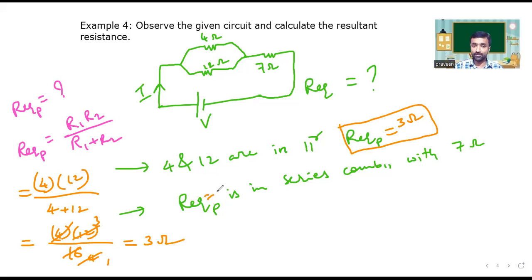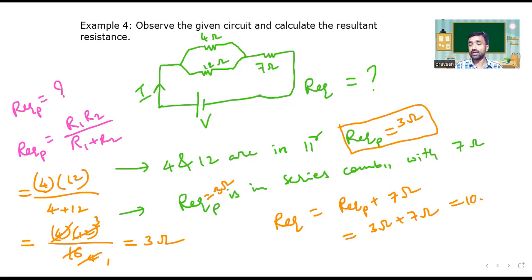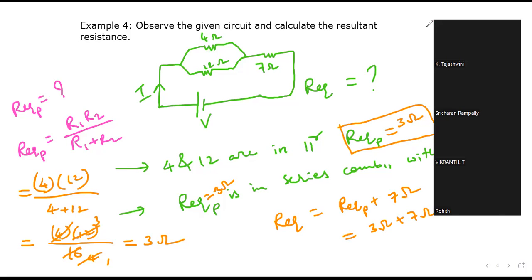So that 3 ohms is now in series combination with 7 ohms. So R equivalent in the overall circuit is equal to REP in parallel combination plus 7 ohms. That equals 3 ohms plus 7 ohms, which gives you 10 ohms. Is it clear? How to solve?